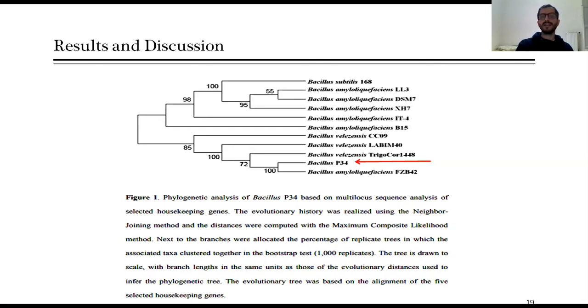And especially here we can see that the most similar species of Bacillus was Bacillus amyloliquefaciens subspecies plantarum. This species, since 3 years ago, has been considered the reference species of the Bacillus velezensis group. Actually, the name has also changed nowadays.